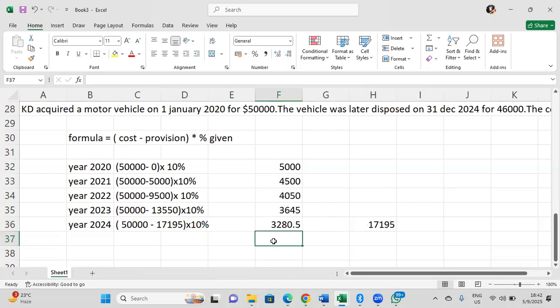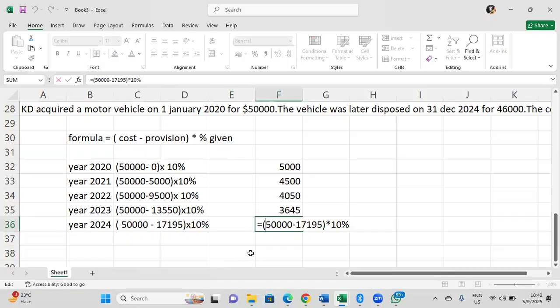So this is the total depreciation for each year. We've been calculating the depreciation for each year up to the time the asset was sold. So the asset had depreciated by a total of how much?